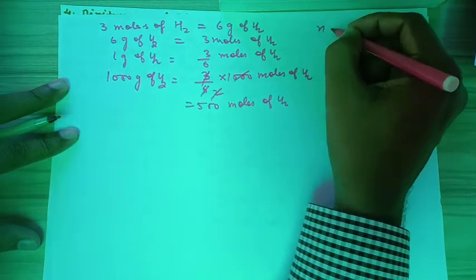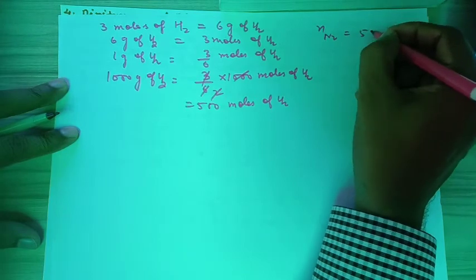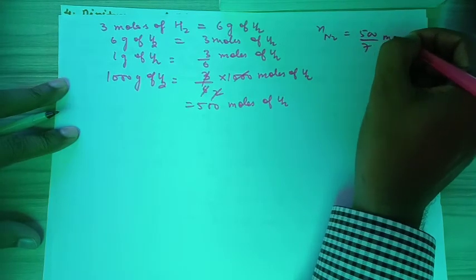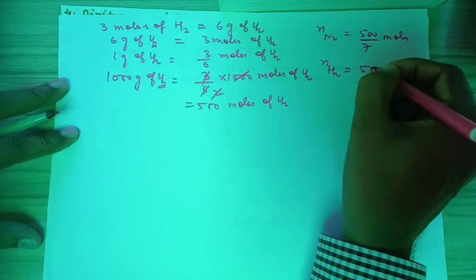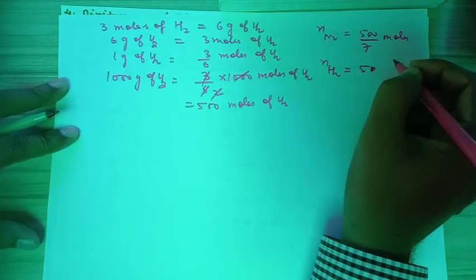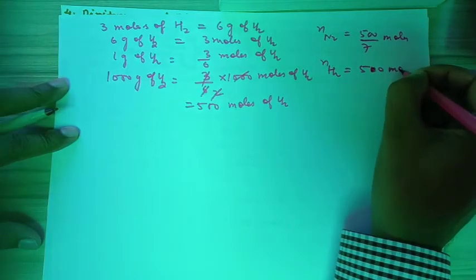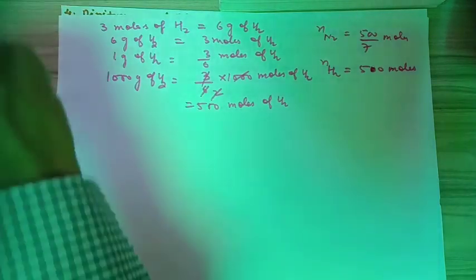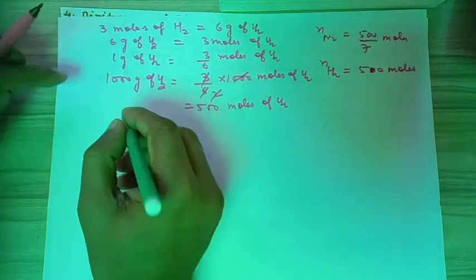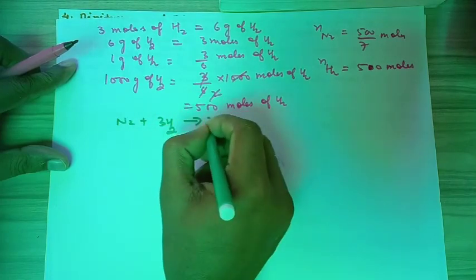So we obtained that N2 is 500 by 7 moles, and the number of moles of H2, that is 1000 gram, will be 500 moles. So these two things are obtained. Now we have to compare with the equation, and the equation is N2 plus 3H2 gives 2NH3.